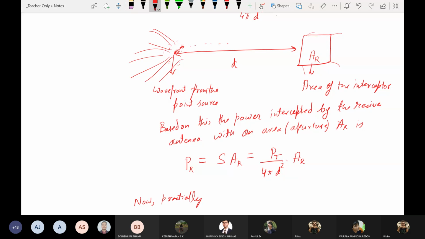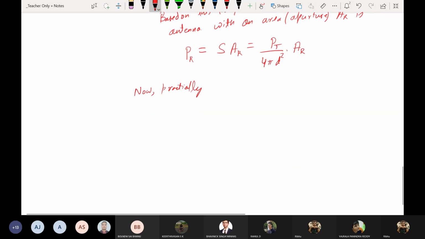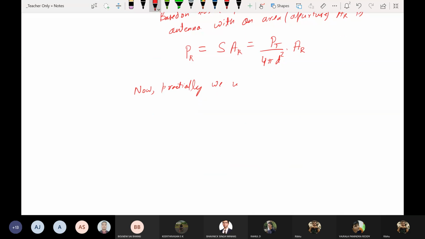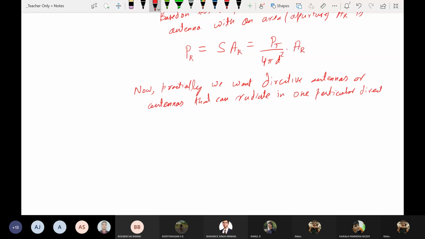So practically we want directive antennas, antennas that can radiate in one particular direction. So practically we want non-isotropic antennas.